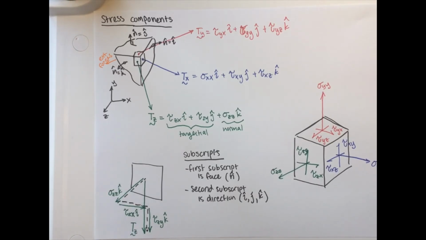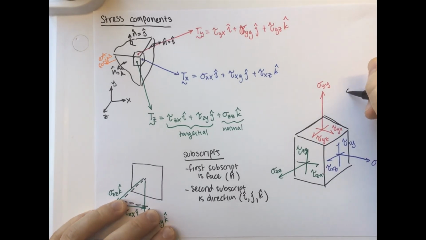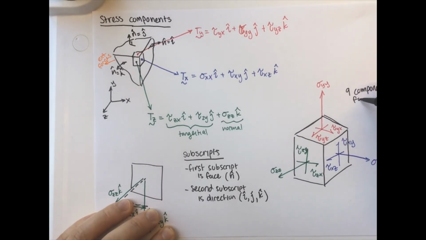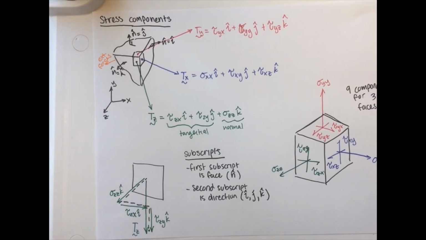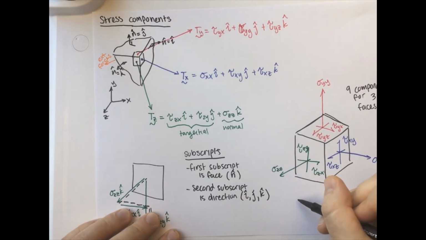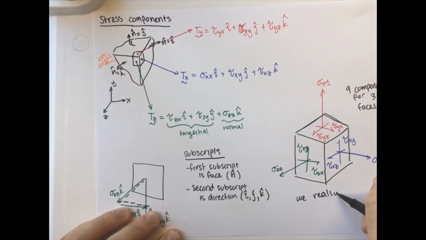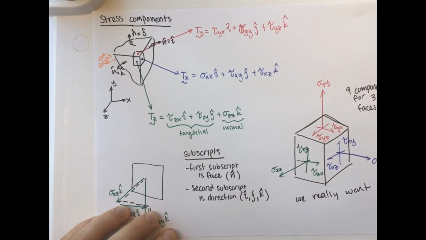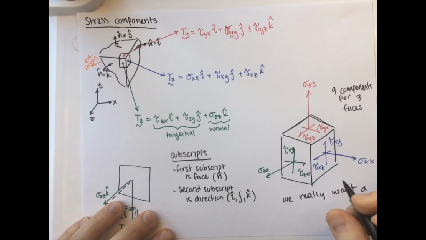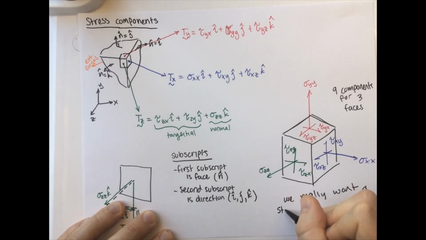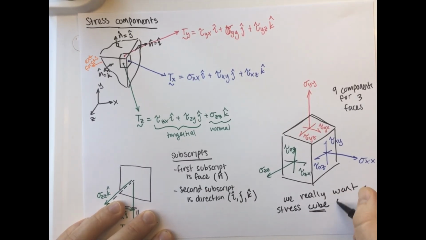And so where in 1D we had one stress we had to worry about, which was just our normal stress, now we have 9 components for 3 faces. And of course, in reality, we really want a stress cube, which would be some small volume.